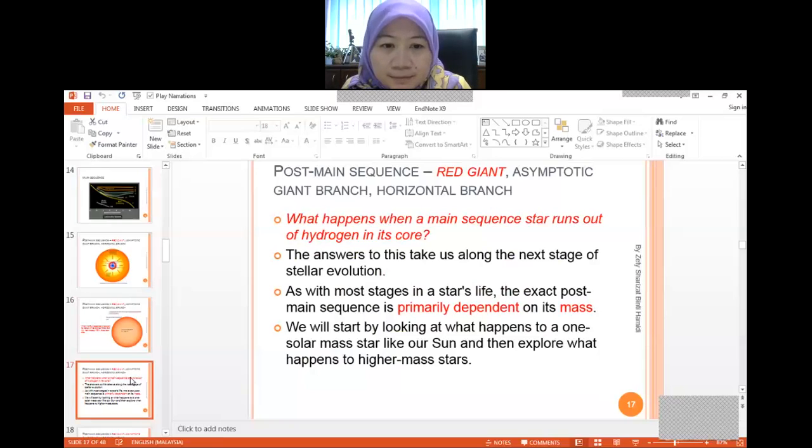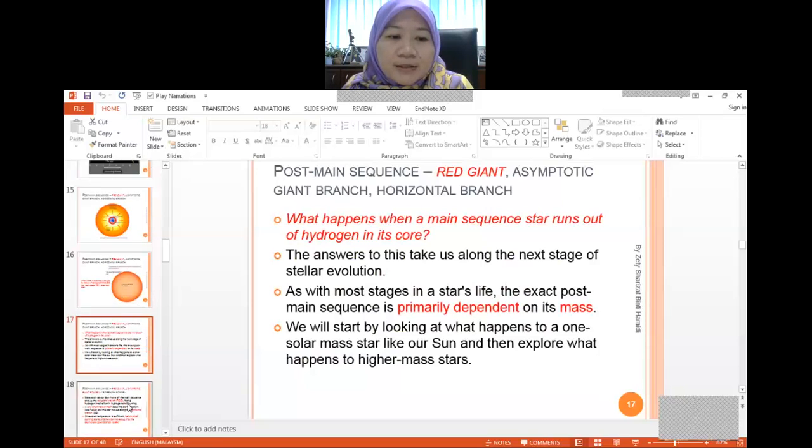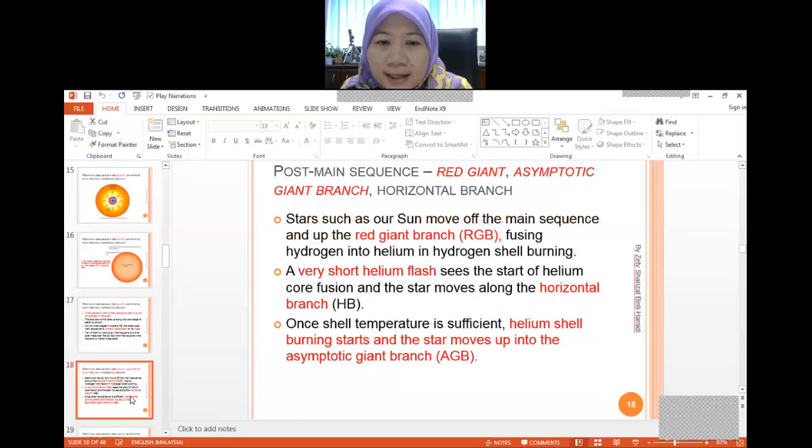Please remember that the main sequence can be classified into two categories: above 1.5 solar masses and below 1.5 solar masses. Then it will move to the red giant branch.